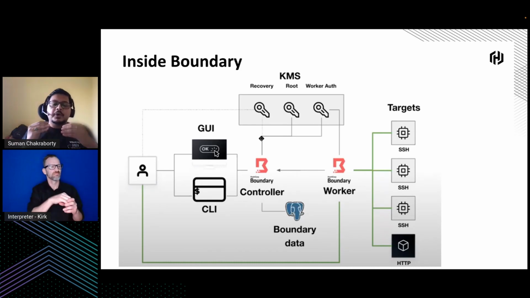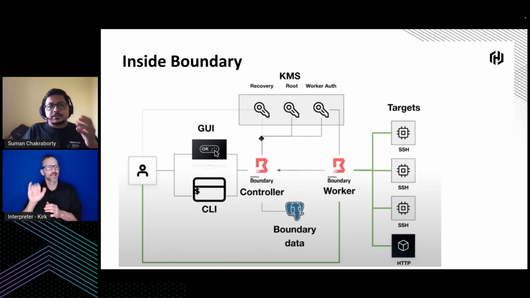Now one important thing here is that whenever a request is created, a dynamic secret is automatically generated, which is random in nature. This is provided using the key management system, which has three different keys. One is a root key, which provides the initial auth token to log in to the Boundary environment.